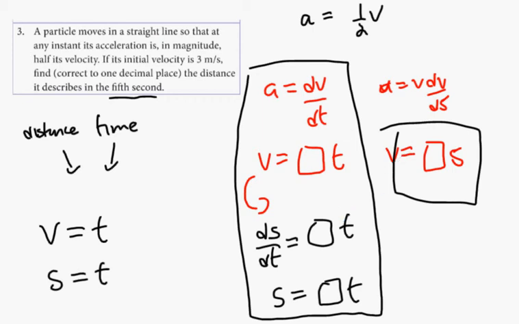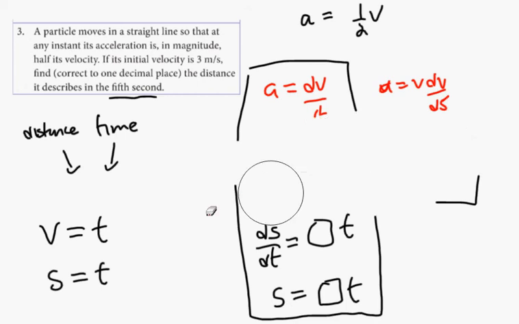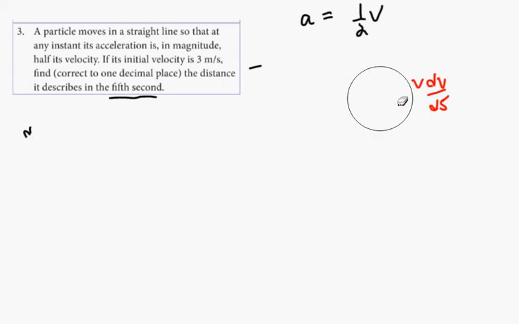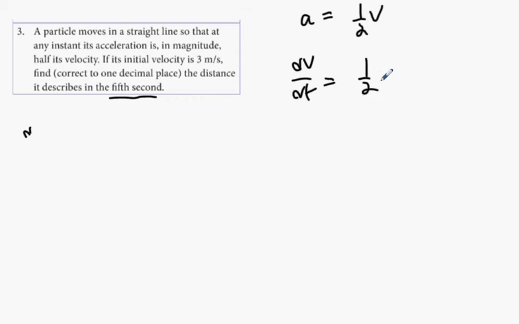Okay? So, what's going to happen next, guys, is we're going to choose a equals dv/dt. So dv/dt equals a half v. 1 over v dv ends up to be a half dt. Integrate.